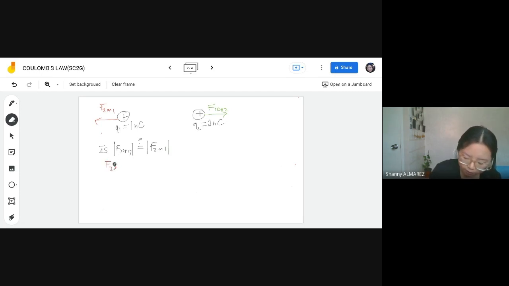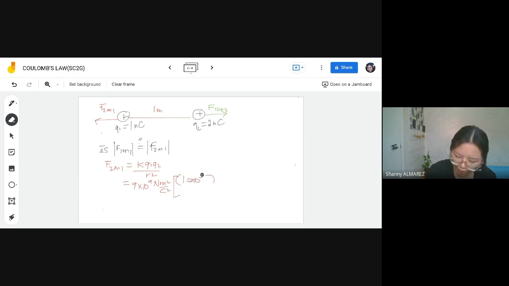F2 on 1 becomes, okay, Q1, Q2 over R squared. So, the same ang distance nila ha. Ito ay 1 meter pa rin. It means this becomes 9 times 10 raised to 9 Newton meter square per Coulomb square times the quantity 1.0 times 10 raised to negative 9 Coulomb. The other one is 2.0 times 10 raised to negative 9 Coulomb. All over 1 meter square.